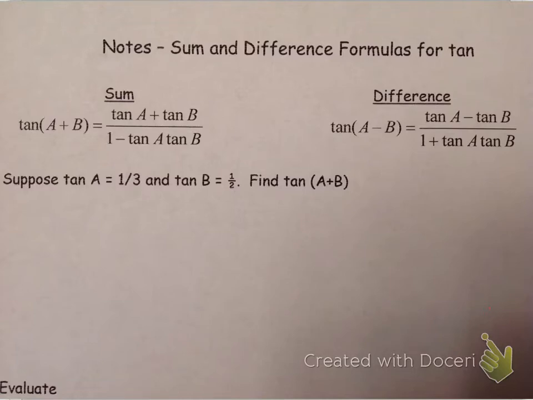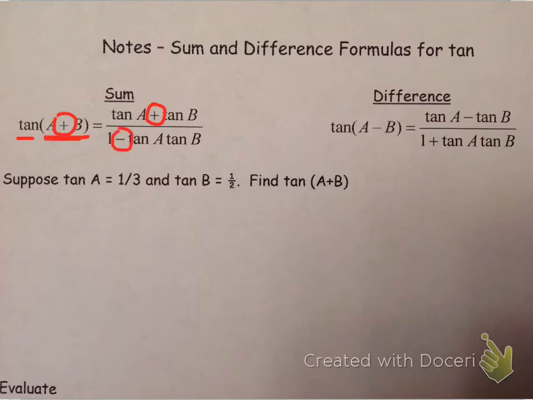And as with the sine and cosine formulas, there's a pattern to them. So if you want to take two angles and add them together, and then evaluate the tangent of that new angle, notice that the sign that's in here, which says the angles are being added, is the same sign that occurs here, and it's the opposite sign here.